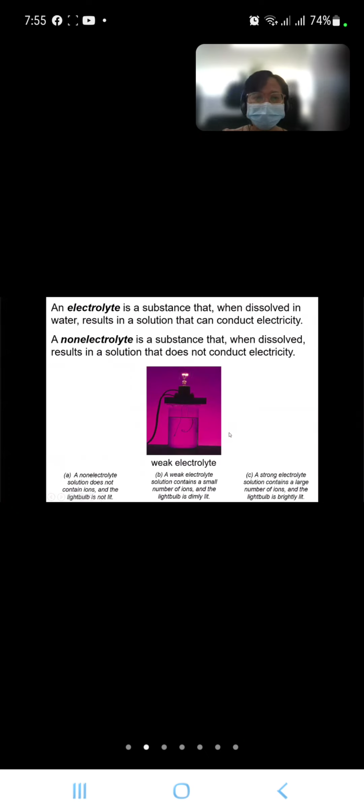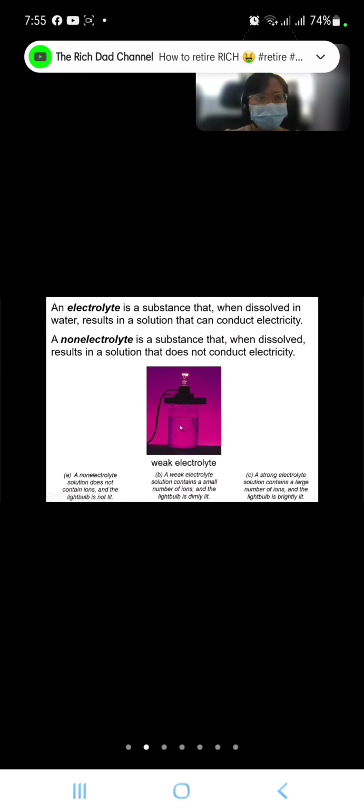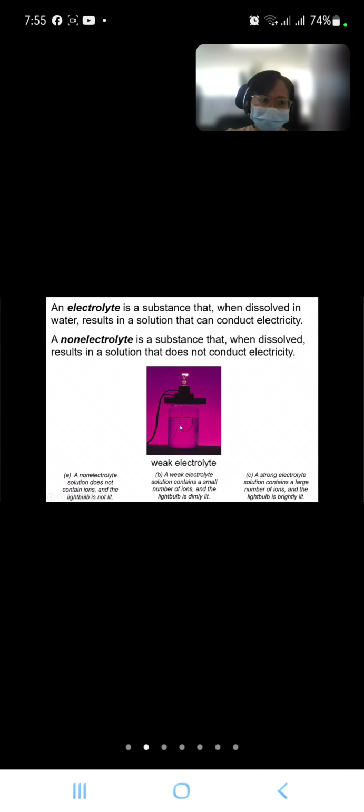If the substance is a weak electrolyte, when it is dissolved in water, it will produce a small amount of ions, and so the light bulb will still glow, but it is dimly lit.